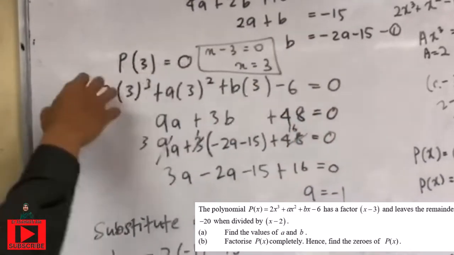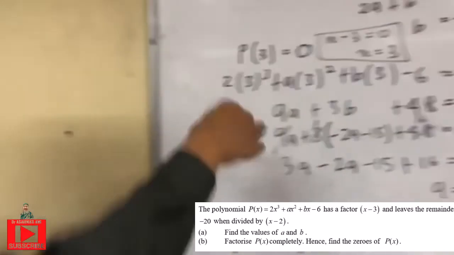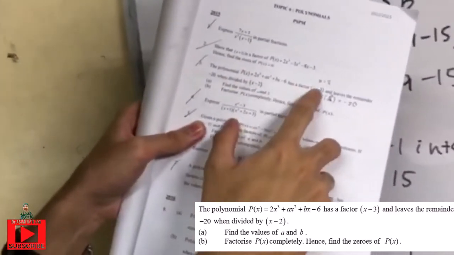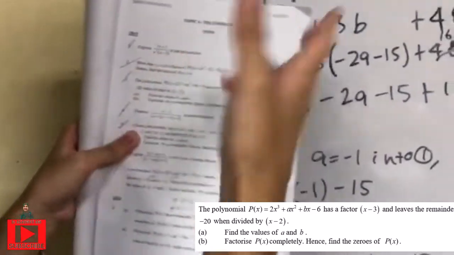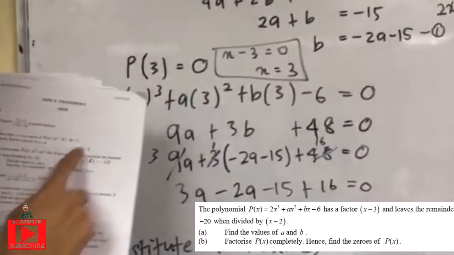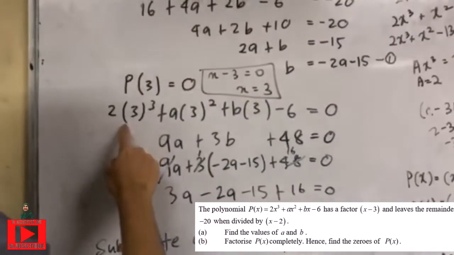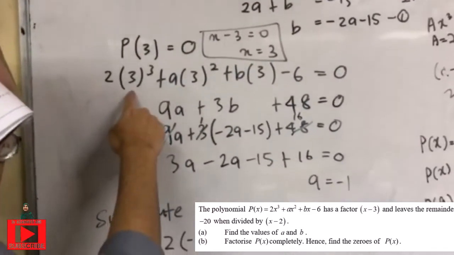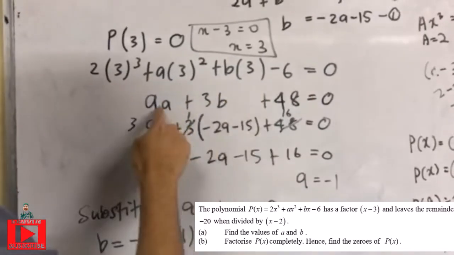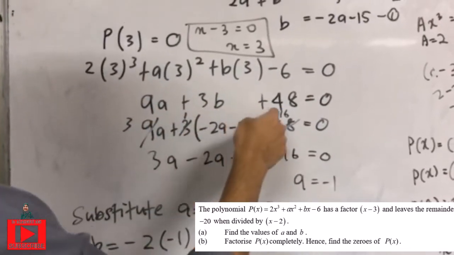So for the second one, okay. So the question states that this polynomial has factor of x minus 3. So the divisor is 3 because it is factor, so it is equal to 0. And then we just substitute the polynomial. The value is 3. So we substitute 3, and then we get 9a plus 3b plus 40a.